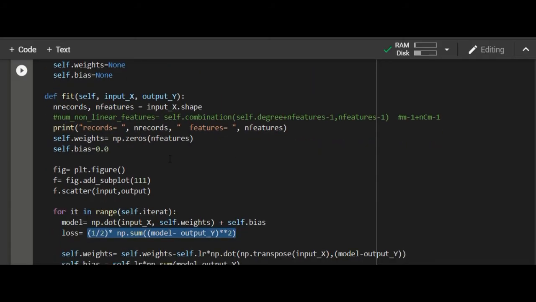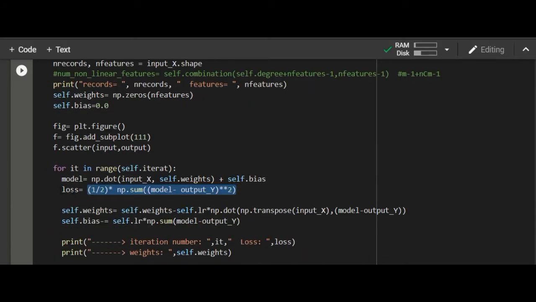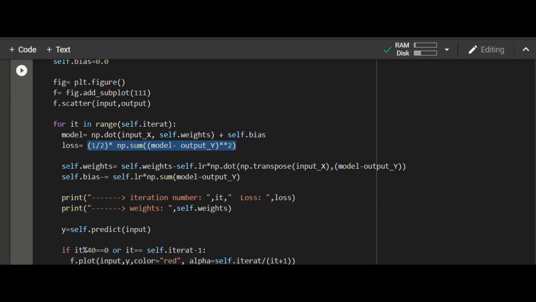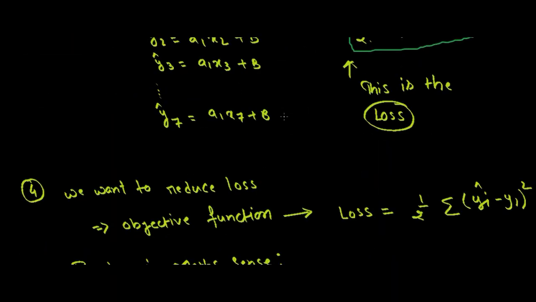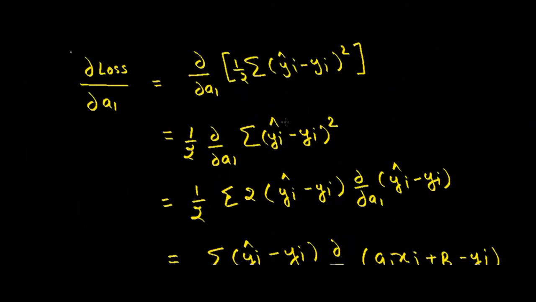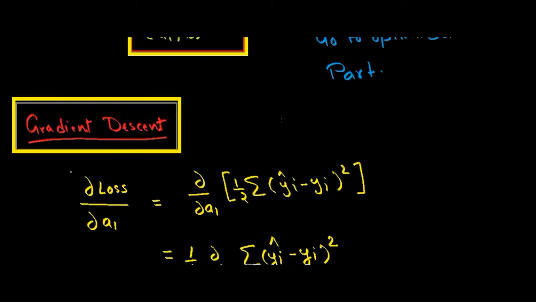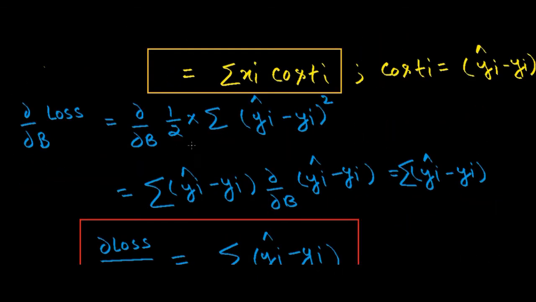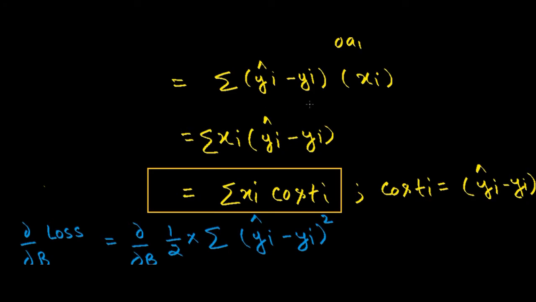Now you can see we have our loss function. Now we'll update our weights and bias. So this is also the same formula that we have written in our previous video. So we are not going to do this mathematics in the programming part. We'll just write the conclusion. That is the best thing.